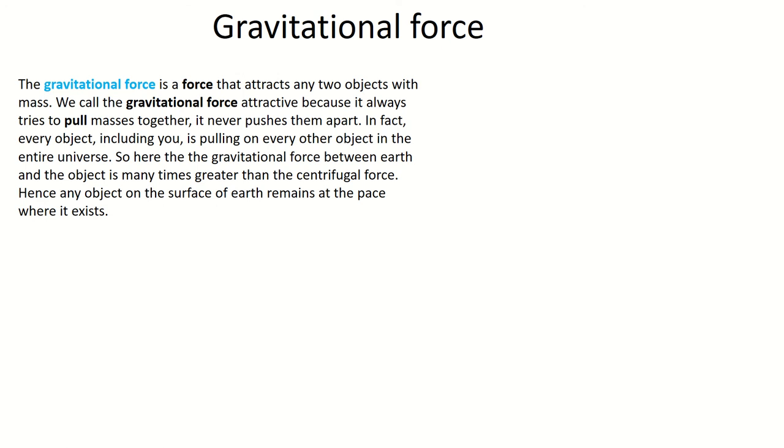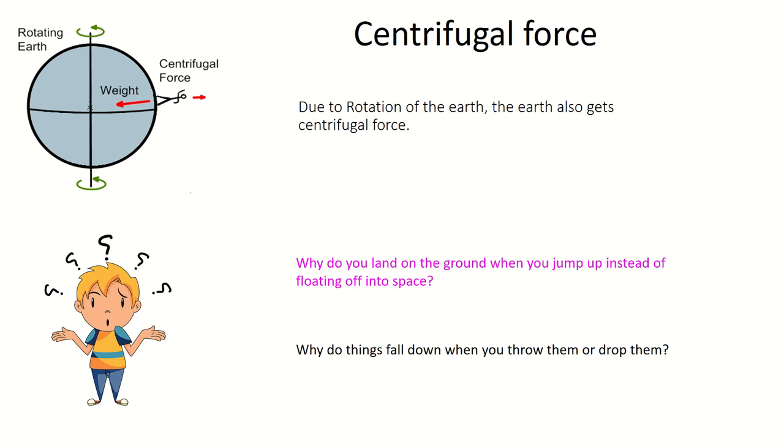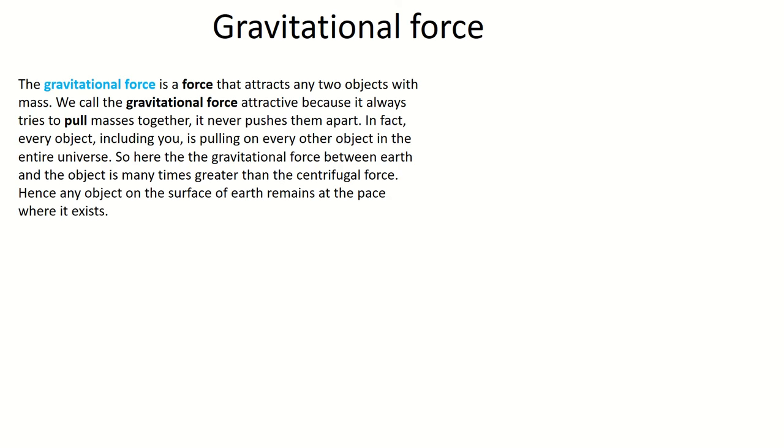As I asked you in the previous slide, why does it fall down when we throw it, and whenever you jump, why do you not float in space, why do you land on the ground? Because of the gravitational force between you and the Earth, and the object and the Earth, it always falls on the Earth.